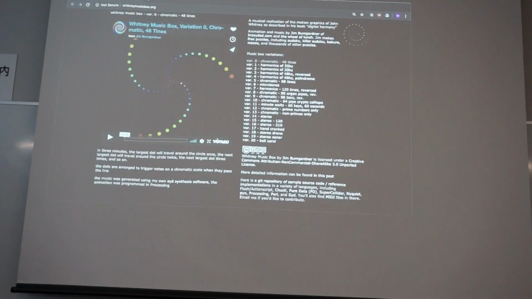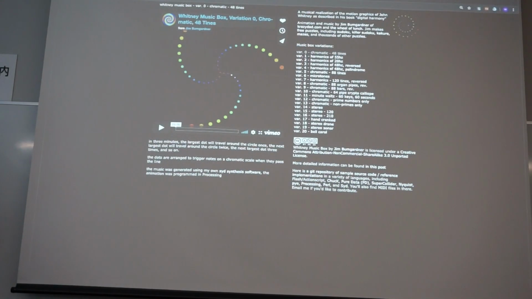And another example that I think is very interesting is this one, and let me see if we can get it up. Oh, okay. So this is something called Whitney music box, and in this example, let me play.